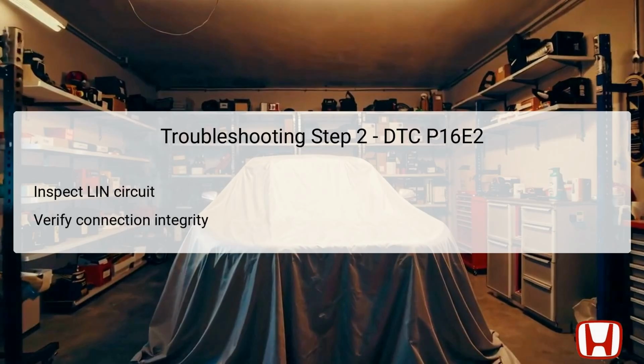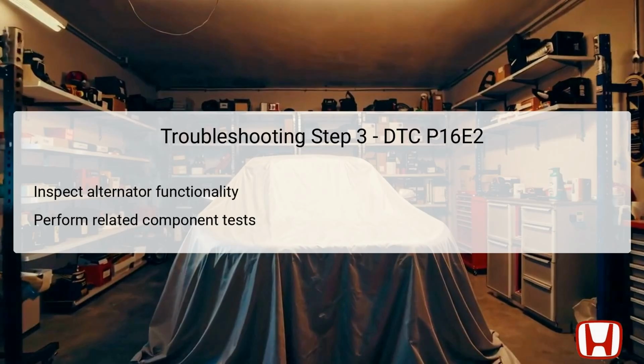The integrity of wiring within the LIN circuit is vital for effective communication. Any fraying or disconnects could lead to communication failures. If any irregularities are discovered during the inspection, they should be addressed promptly. Properly securing and verifying all connections can potentially resolve the error code and return the system to effective operation.